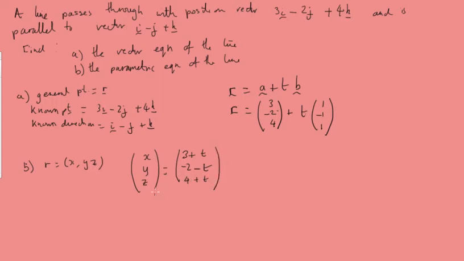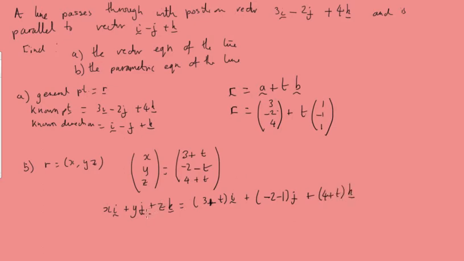Or that can be written as xi plus yj plus zk equals, and then we just pull out our x, y's and z's: (3 plus t)i plus (minus 2 minus t)j plus (4 plus t)k.